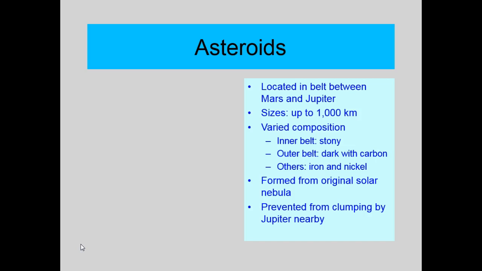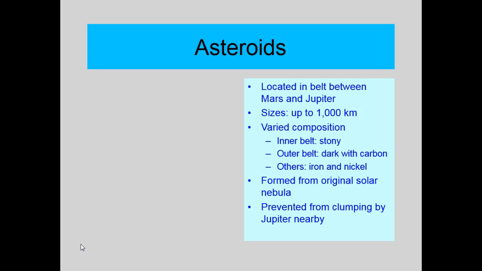Now, again, and we're going to go over this later, we think they were formed by the original solar nebula, which probably blew out the materials as the sun was exploding and then contracting. Part of it clumped together to be planets. Smaller clumps became moons of the planets, but for some reason this belt here didn't.